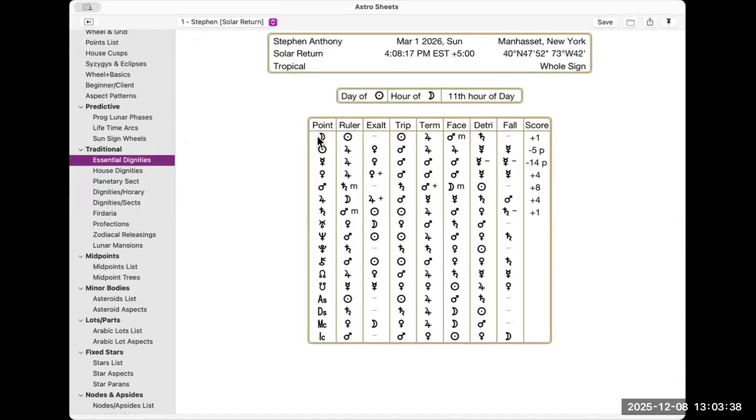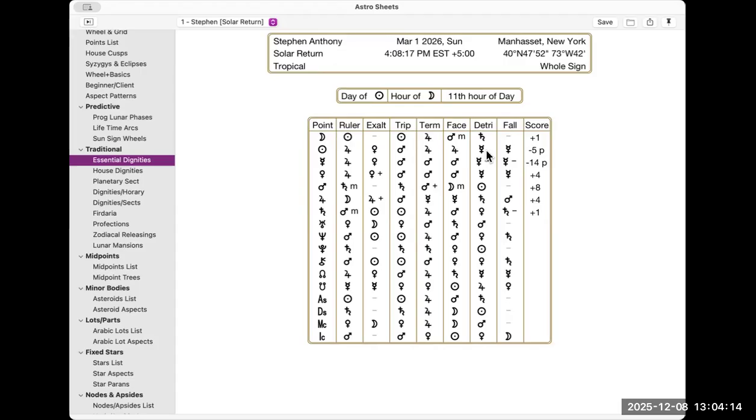So yeah, this has the moon, where it's in mutual reception with Mars, so it gives it a score of 1. The Sun in Pisces is ruled by Jupiter. Venus is exalted in Pisces. Mars has triplicity. Jupiter also has term and face.